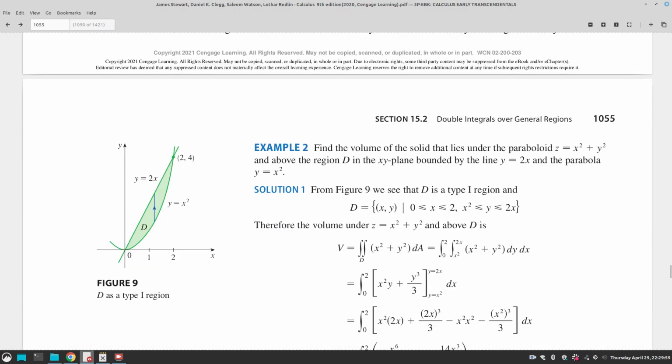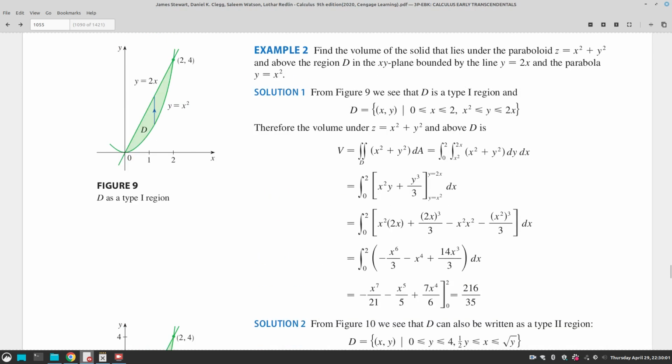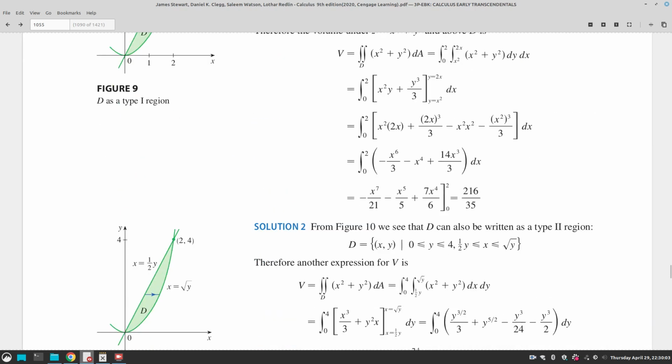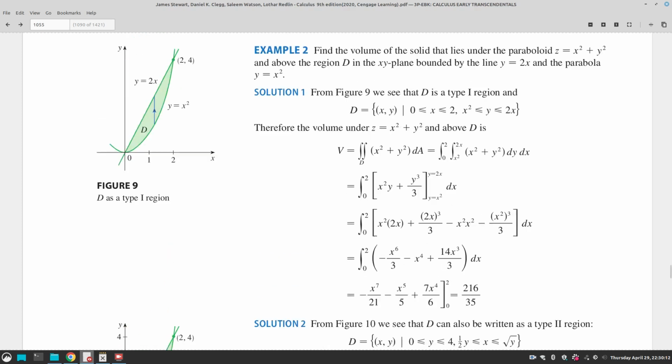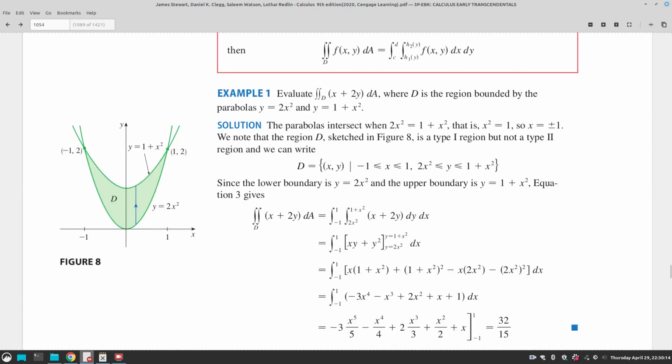Okay, so let's do a problem that I leave. We can actually let's look at type 2 regions now, right?